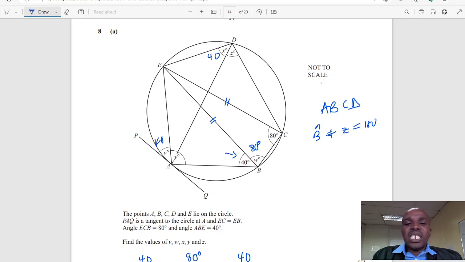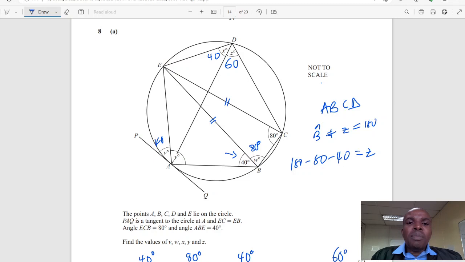So to find Z, since W is 80, you can say 180 minus 80 minus 40 is equal to Z. These are opposite angles of a cyclic quadrilateral, they add up to 180 degrees. So it's supposed to be 60, because 180 minus 80 is 100, minus 40 is 60. Some of the things are meant to work. So my Z is actually 60 degrees.